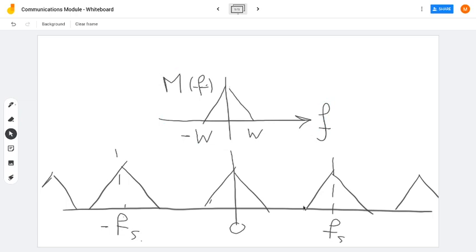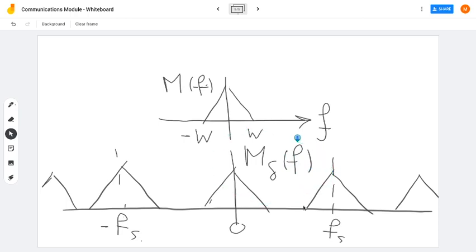It will basically be this m of f repeated at 0, then repeated at fs, 2fs, 3fs and so on, and at minus fs, minus 2fs and so on. This is basically m delta of f.